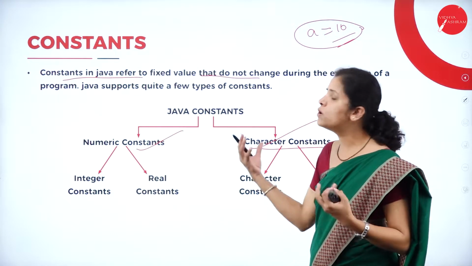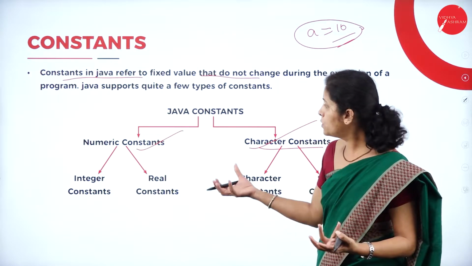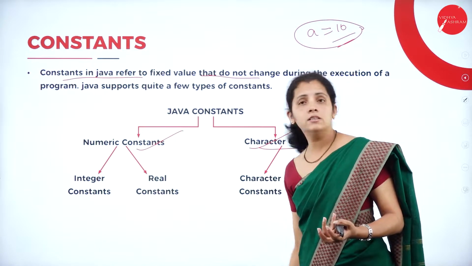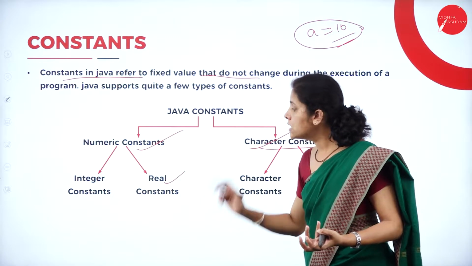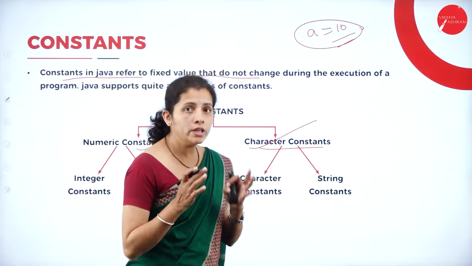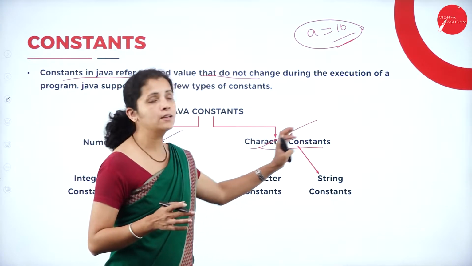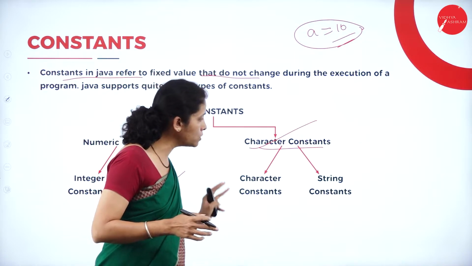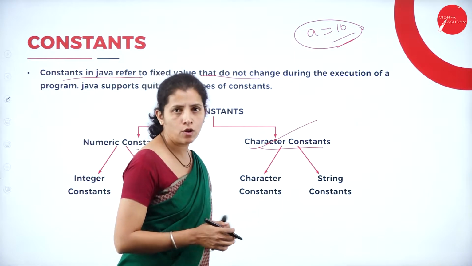Numeric means it's nothing but the number. So here numbers are categorized into two types, integer constant as well as real or floating point or double constant. And character constants are categorized into two types, that is character constant as well as string constant.